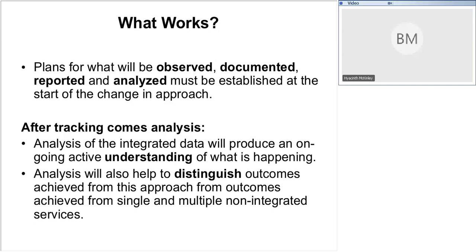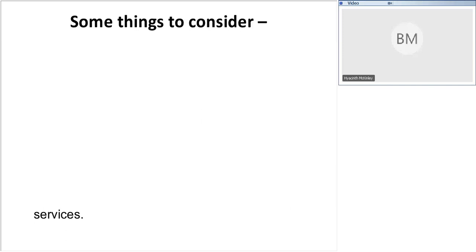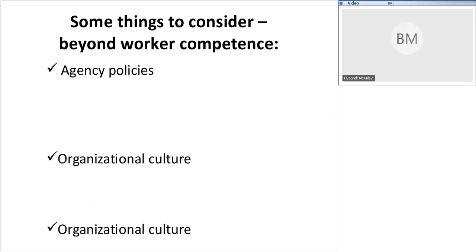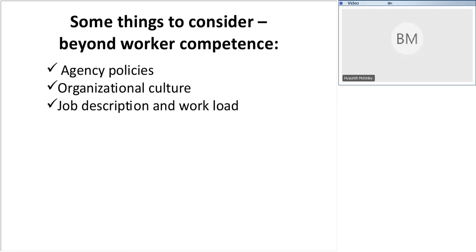So the last two slides that I have to share with you today are about some things to consider. A lot of times we say that whatever the worker's competence is, that's what limits or produces outcomes in a new approach. But in addition to that, we have to have agency policies, we have to have organizational culture, we have to have good job descriptions and an understanding of the workload of the people.